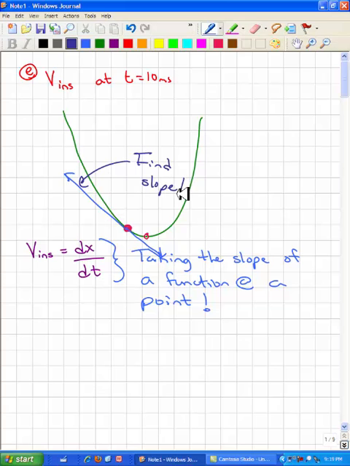If I had the graph in front of me, it would look prettier and the points would make more sense, but you're just going to have to believe me. If you don't, do it yourself, and I think it will make perfect sense. So the instantaneous velocity is the slope of that tangent line to that position versus time curve at t equals 10 milliseconds.